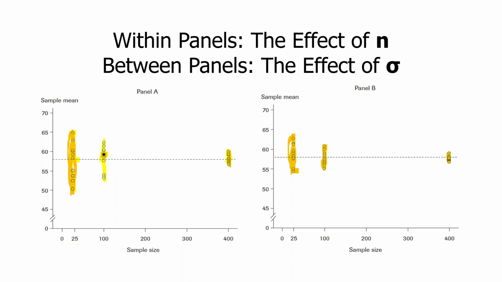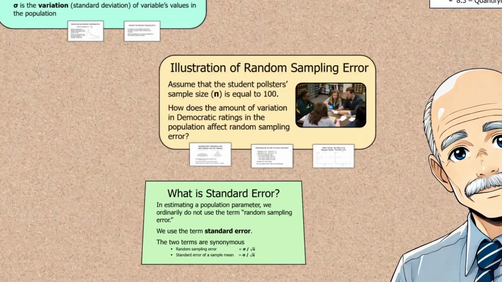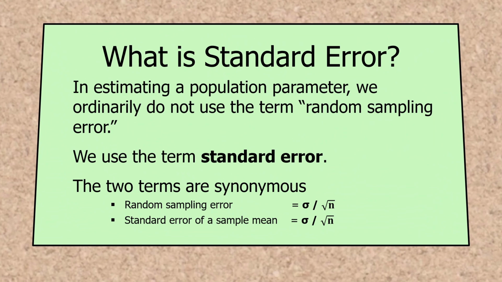So here's a terminological change that needs to be made. I've always liked the term random sampling error because it describes exactly the thing that you want to estimate. You want to estimate the size of random sampling error. But statisticians and political scientists in talking about inferential statistics use instead the term standard error. So we're going to use it in this book even though it's synonymous with random sampling error.